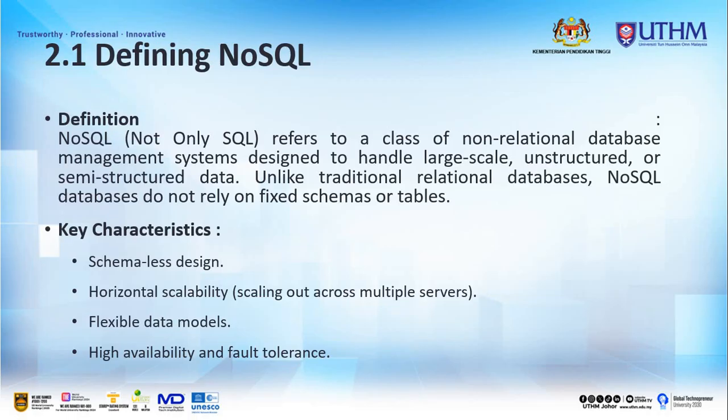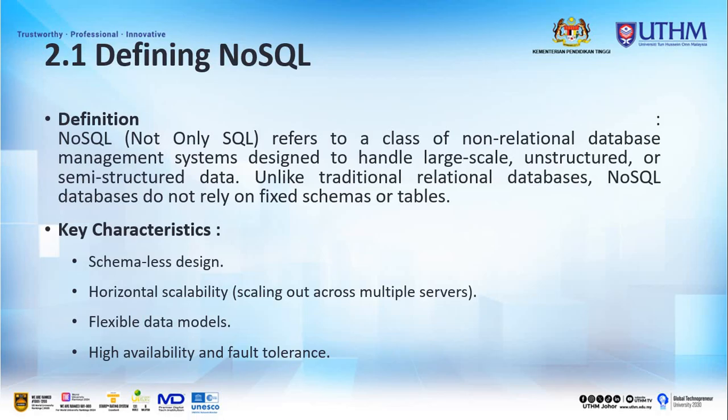Definition: NoSQL, meaning not only SQL, refers to the class of non-relational database management systems designed to handle large-scale unstructured or semi-structured data. Unlike traditional relational databases, NoSQL databases do not rely on a fixed schema or tables.